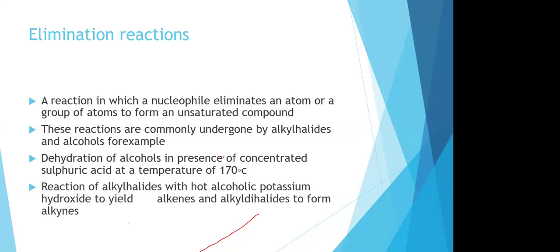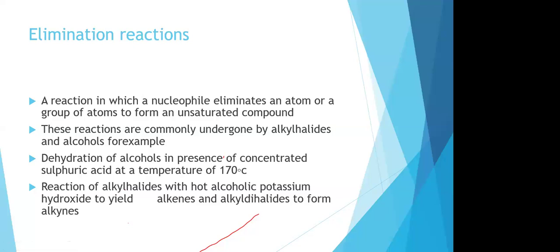Then we also have the reaction of alkyl halides with hot alcoholic potassium hydroxide to yield alkenes, and alkyl halides to form alkynes. When you react alkyl halides with potassium hydroxide in the presence of ethanol on heating, you are likely to form alkenes if it is a secondary or a tertiary alkyl halide.